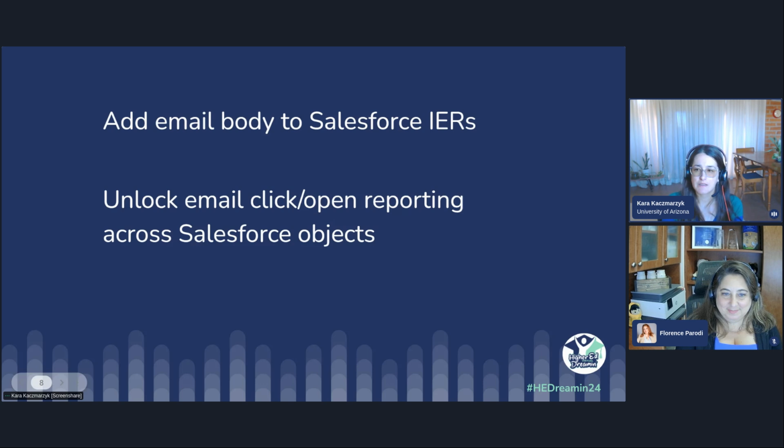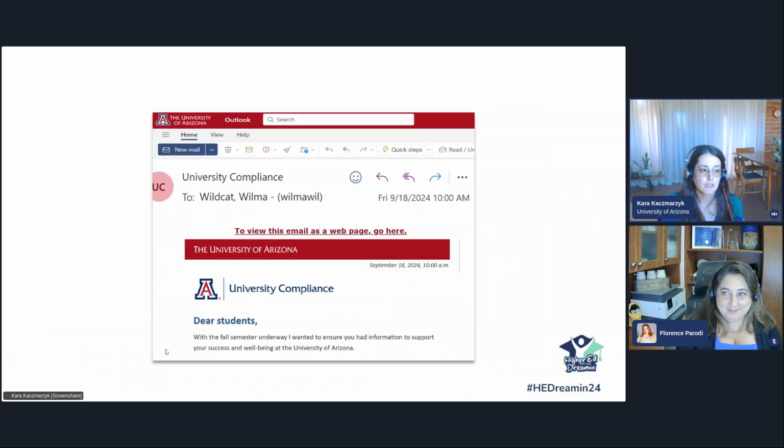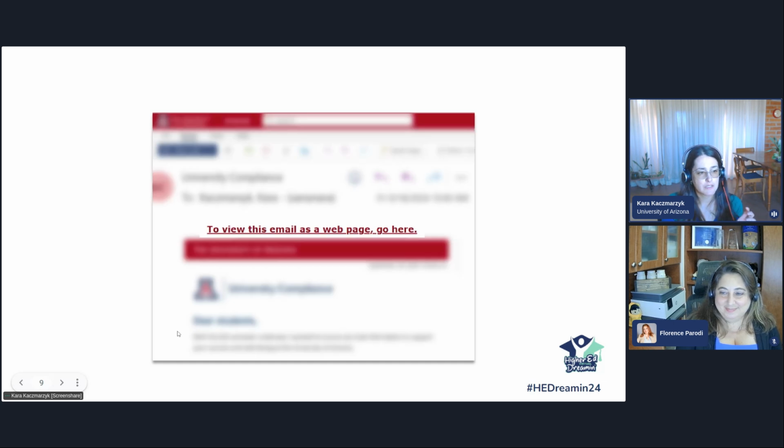So, thinking about this being our solution, let's take another look at that same email. What we realized when we were looking into this was every email sent from Marketing Cloud is going to have this header, this view as a web page link. That's just an out of the box part of Marketing Cloud.